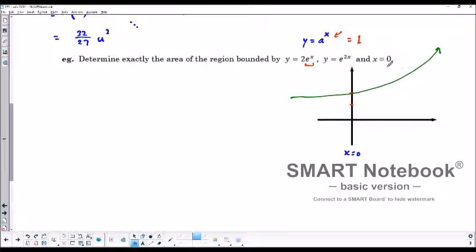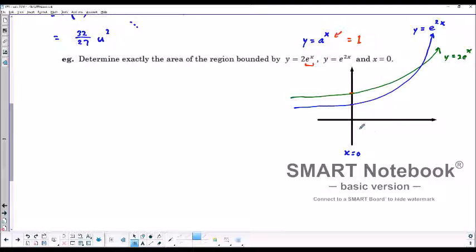It's going to increase faster than the first one. So it's going to go through y equals 1, but it's going to increase faster than this other graph. So that's y equals e to the 2x. And then this function here is y equals 2e to the x.